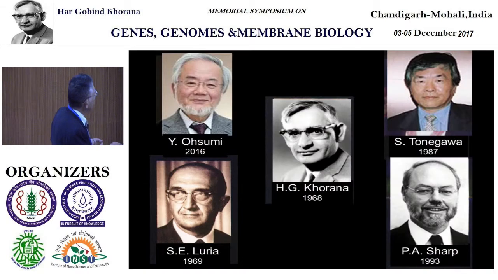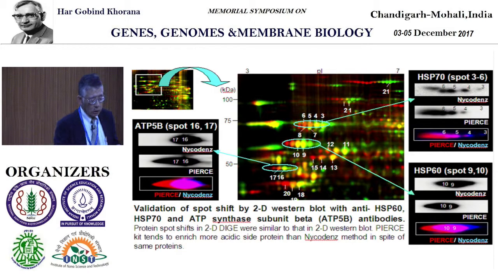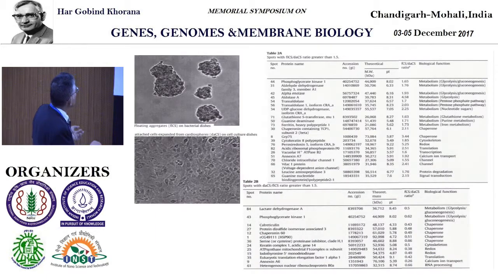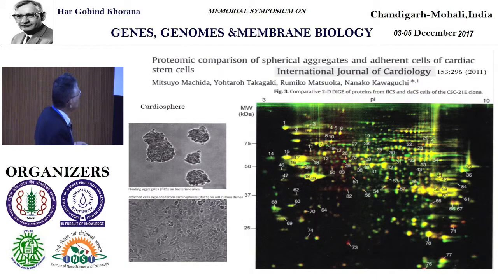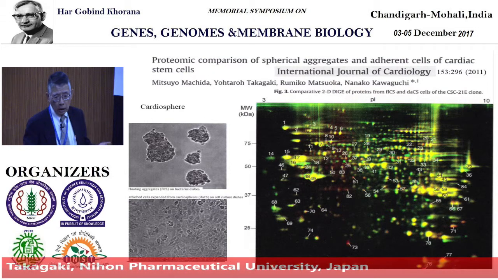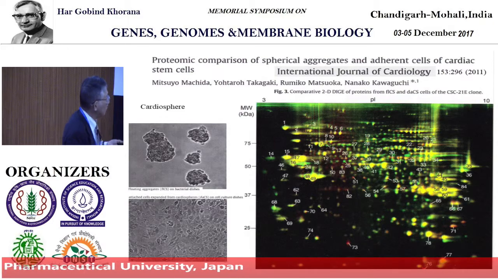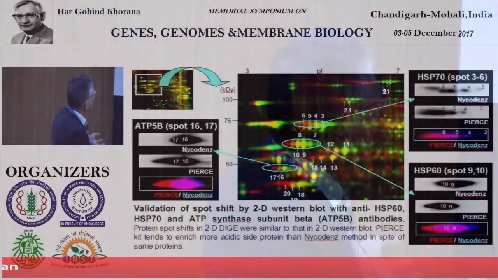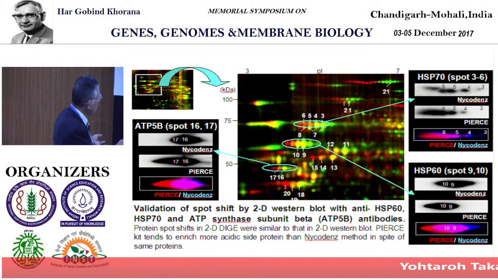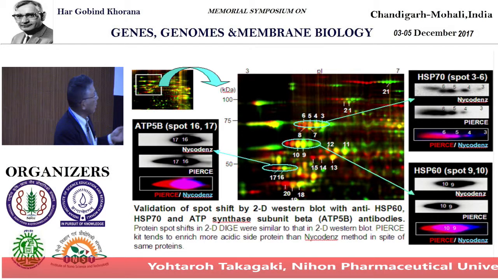This is an example: if I analyze the proteomics of many interesting samples, like this one, cardiospheres, which are cardiac stem cells, we see a huge amount of heat shock proteins. They are more than half of the expressed proteins. And this is a heat shock protein with these different charges.